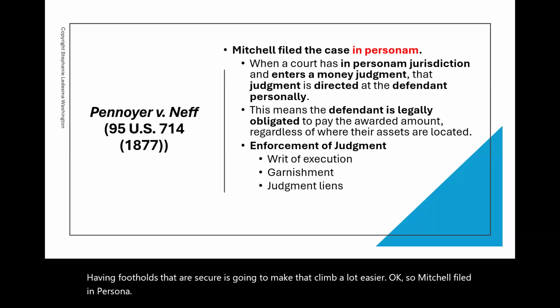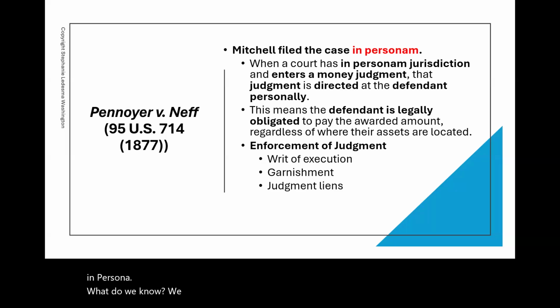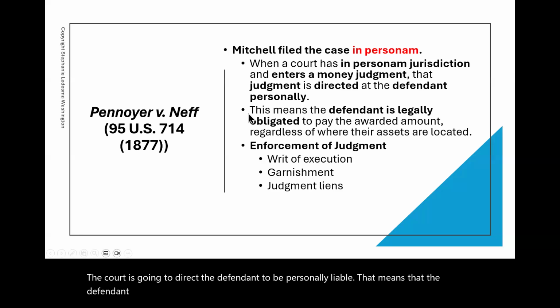What do we know? We know that when the court is exercising in personam jurisdiction, resulting in a money judgment, the court is going to direct the defendant to be personally liable. That means that the defendant is personally obligated.